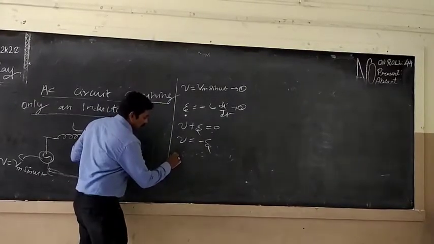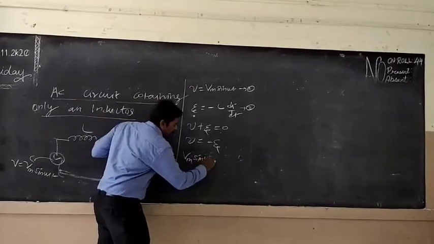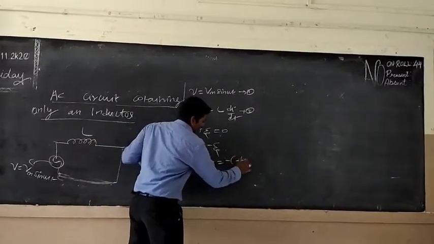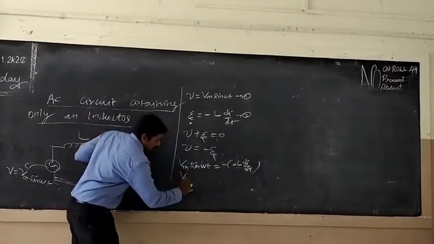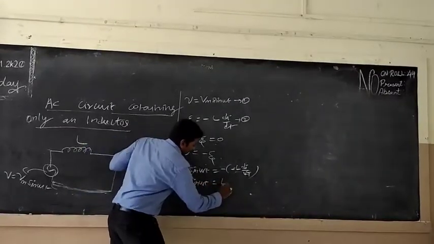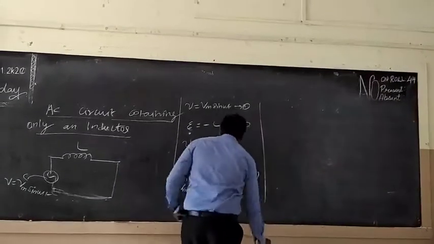Substitute the value, that is Vm sin omega t is equal to minus L di by dt, that is Vm sin omega t is equal to L di by dt. We need only current.